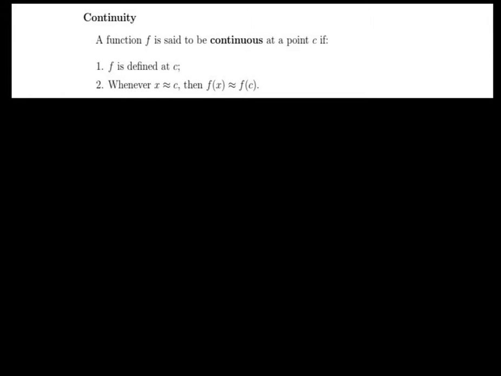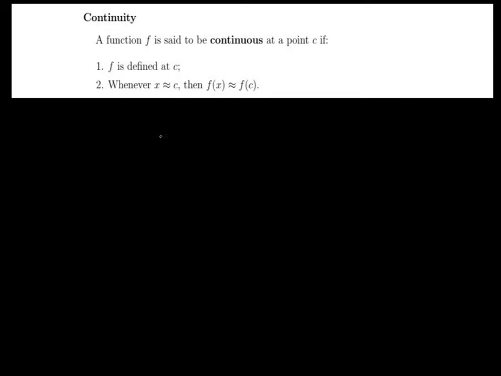So let's get on the screen exactly what we mean by a continuous function formally. A function is continuous at a point c if f is defined at c, and whenever x is infinitely close to c, then f of x is infinitely close to f of c.